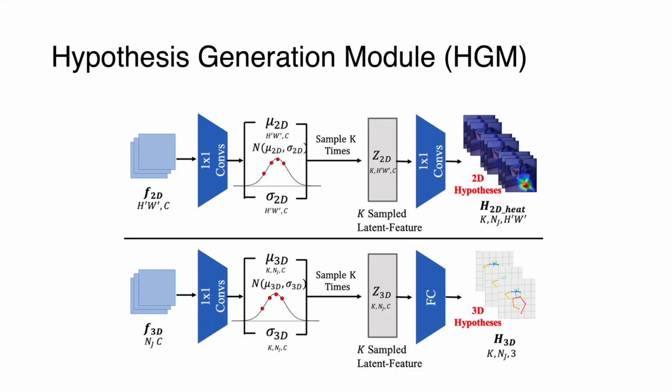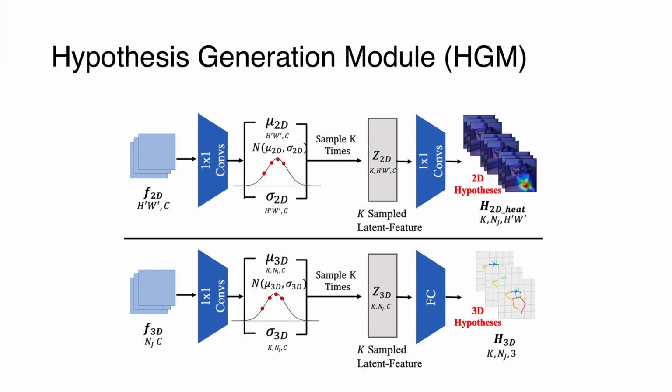The objective of HGM is to learn the distribution of feasible 2D and 3D poses, drawing insights from the principles of uncertainty and ensemble learning to enhance the robustness of our framework. For the generation of 2D pose hypotheses, F subscript 2D first undergoes several convolutions to generate mean and standard deviation based on the Gaussian distribution.